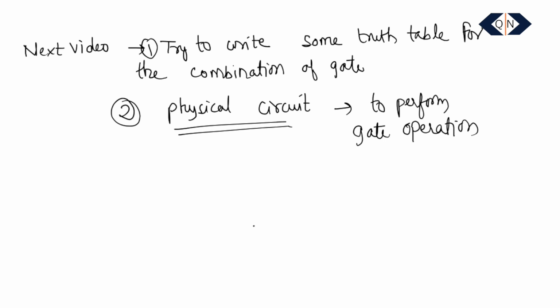Otherwise, we will go through the whiteboard also. But let me see if I can simulate or animate for better understanding. At last, you can revise this video or look at various textbooks related to the gates. You can get bulk information about the gates and how the truth table works.